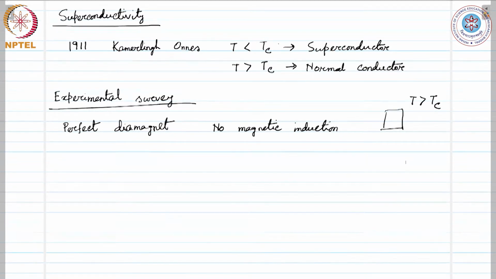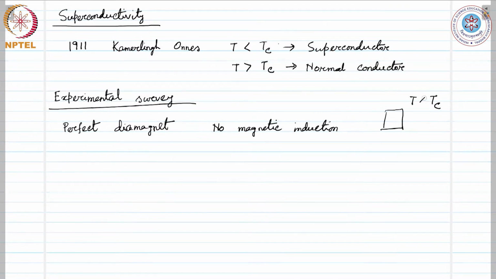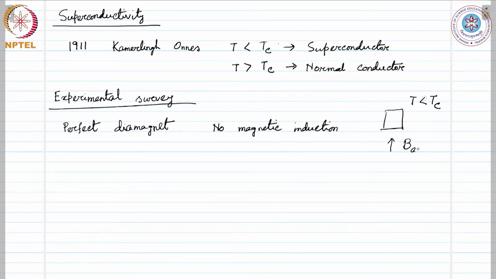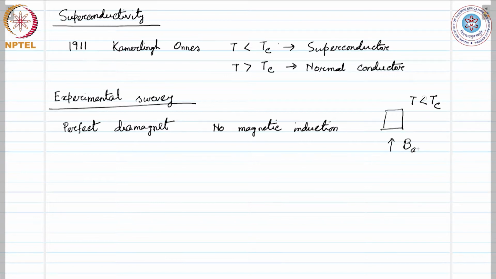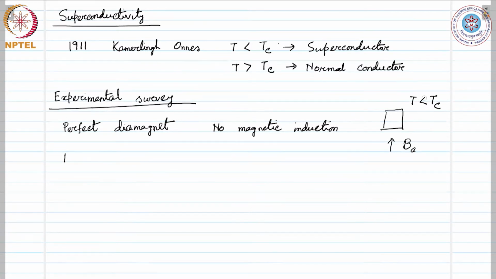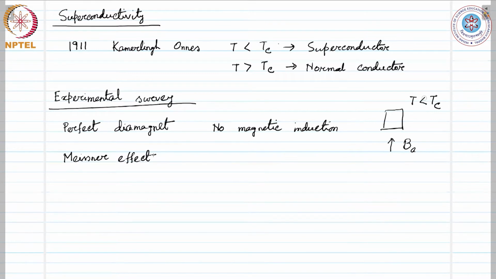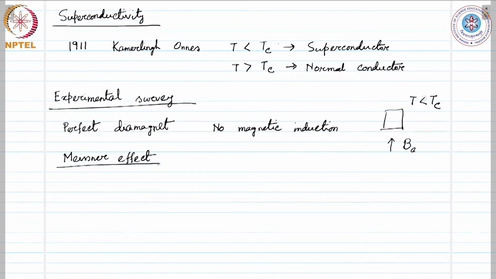Now, we cool this material and bring it to T less than Tc, and during the process we had some external magnetic field applied to the material. As soon as we cool it below Tc, the magnetic field is expelled from the material, and this kind of effect is called the Meissner effect. And this is very interesting.